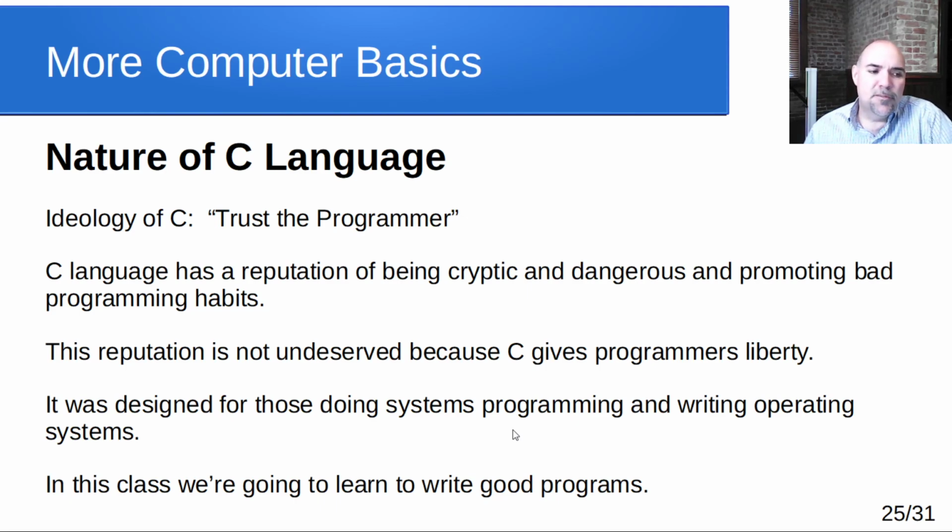It also gives you a power of expression that can be used in cryptic ways, or you could write good code if you're a good programmer. Again, it was designed for systems programming and writing operating systems, and to do that, you need low-level ability to access things in the processor and in memory. Just by its nature, giving you the liberty to do those things means we have to be a little bit careful.